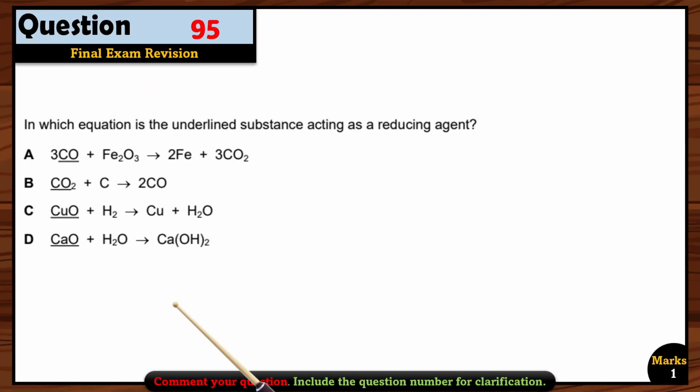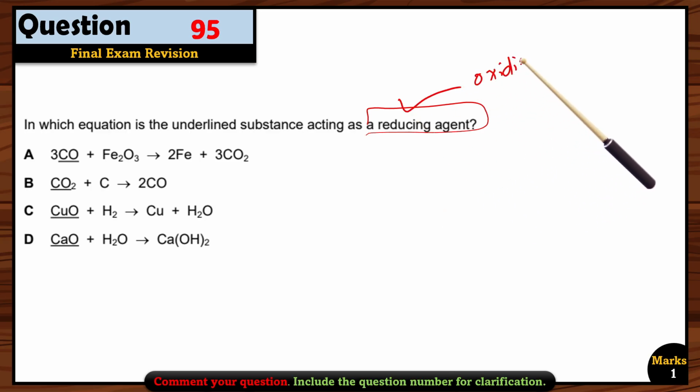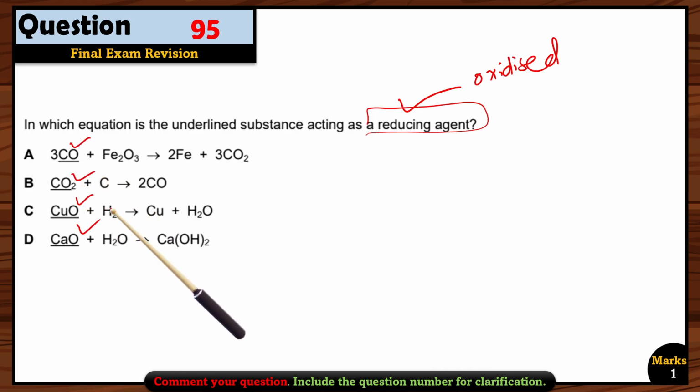Let's see question 95. In which equation is the underlined substance acting as a reducing agent? So reducing agent means any substance that is oxidized, right? So we have to check which one is oxidized. This one has one oxygen here, but now it gains two oxygen. So it means it is oxidized.